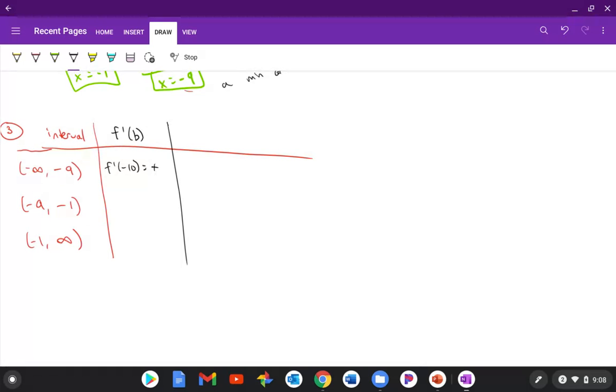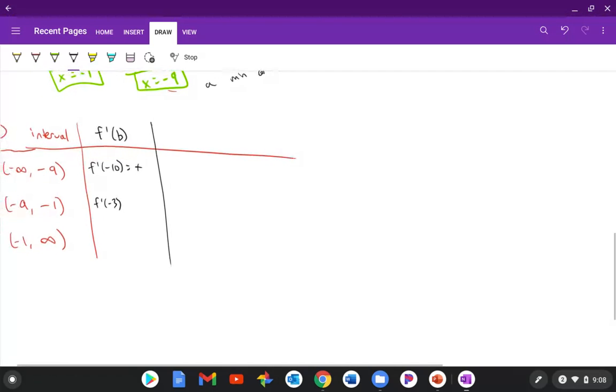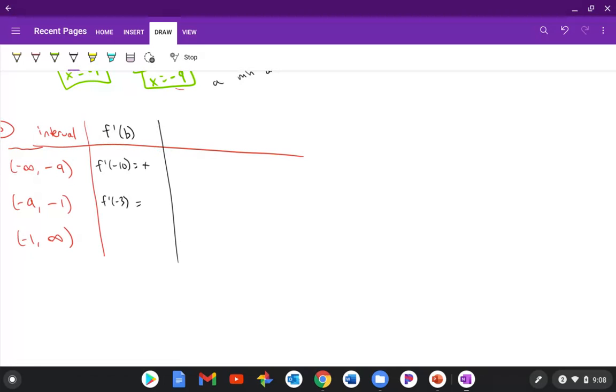If I plug in, say, -3 for the other one, f prime of -3, because that's in the interval, we would get a -108, so I'm just going to write a negative, meaning that whole interval, we would get a negative no matter what number we plugged in. And I'm going to plug in f prime of +1 for the last one, just type it into my table, and that's positive 180, so I'm going to write positive.